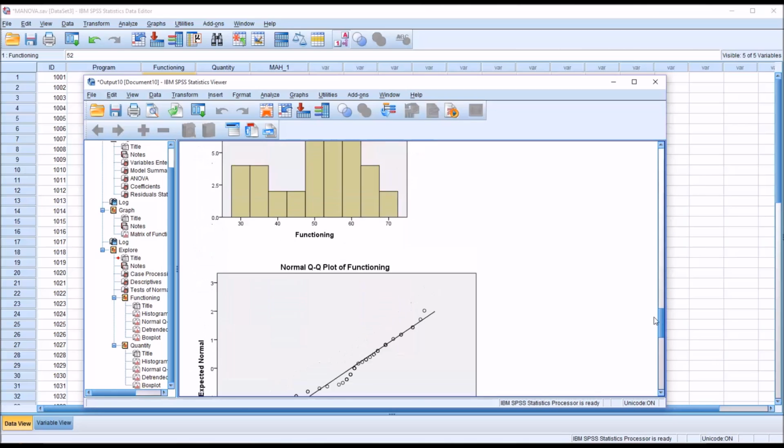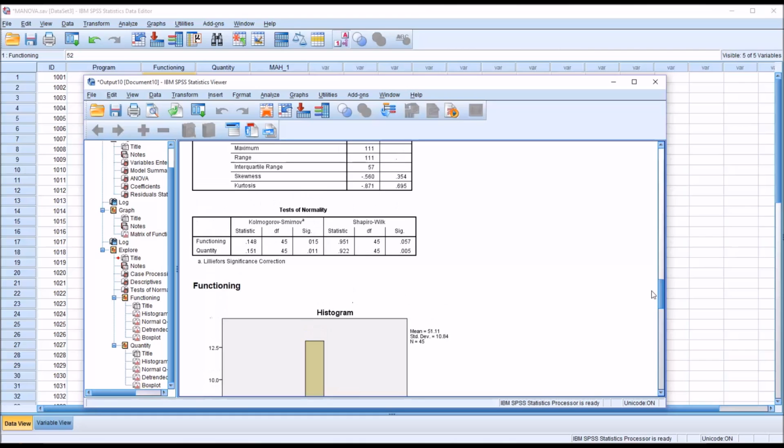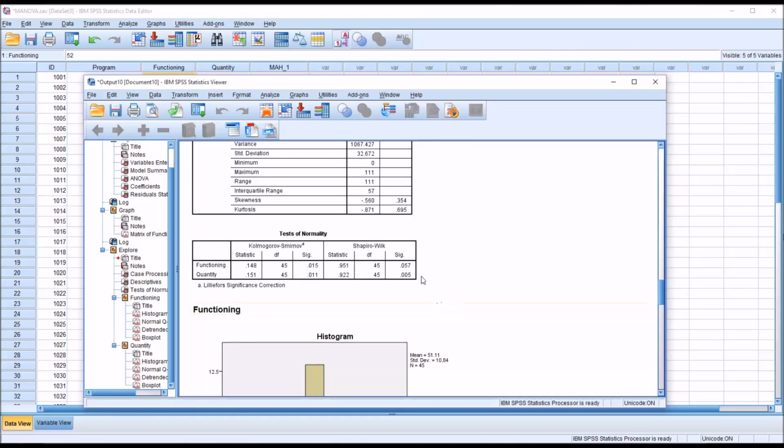What we're most interested in here would be the significance level of Shapiro-Wilk. So if it's greater than 0.05, we're going to assume normality. And if it's less than or equal to 0.05, we're going to assume that we have a non-normal distribution for that variable.